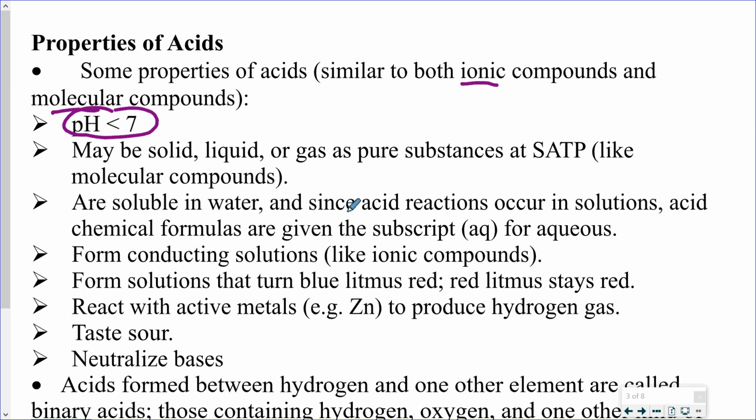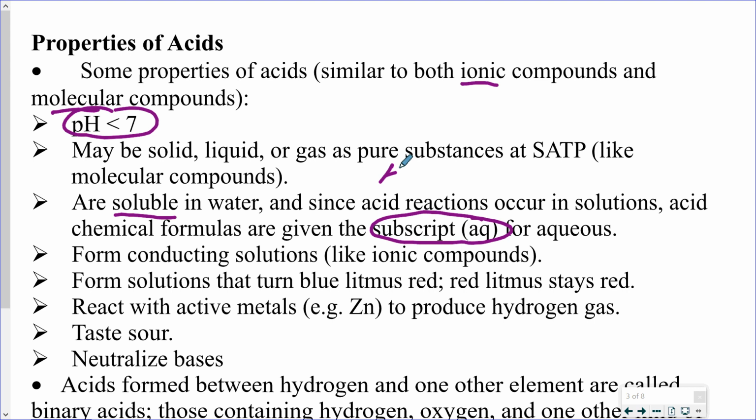Before they dissolve in water, they could be solid, liquid, or gas, but once they do dissolve in water, they are soluble in water, which means they do dissolve. Reactions are going to take place. We're going to have the donation of protons. We're going to have ions that are forming, but because they do dissolve, we now give them the subscript AQ.